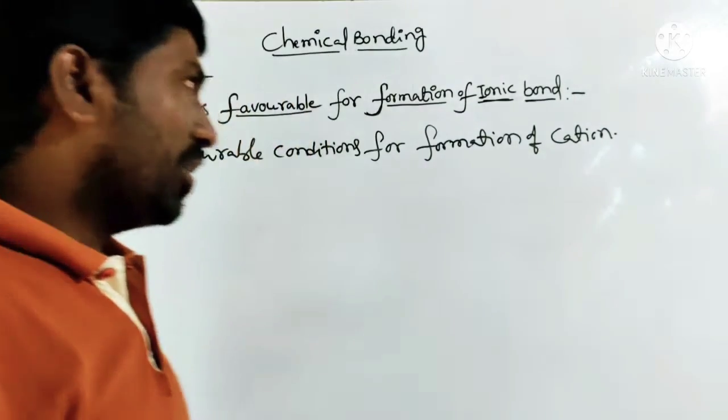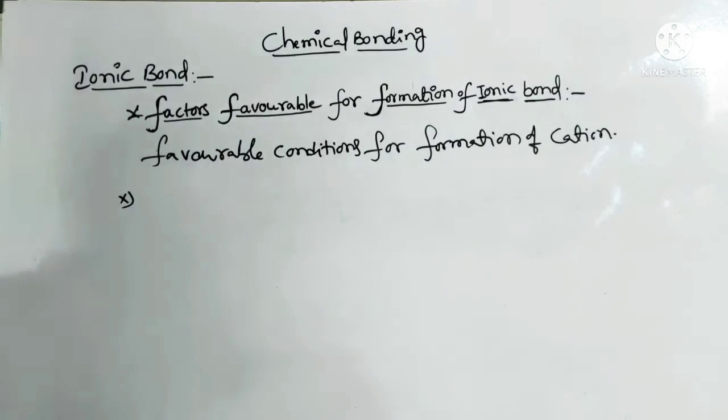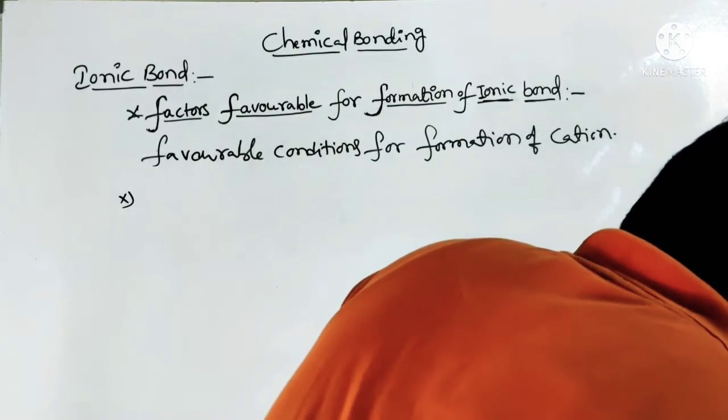How to form a cation? The first favorable condition concerns atomic size and other factors.